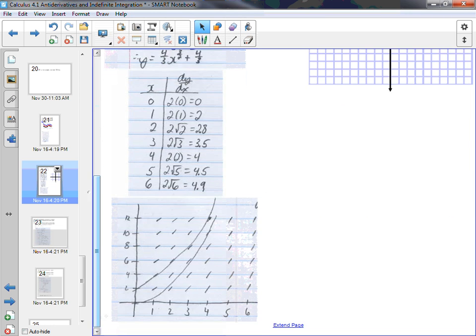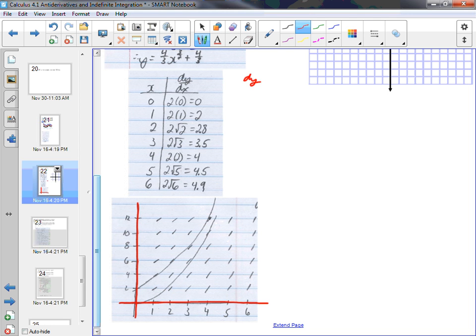So draw your little XY plane, and draw your little x, dy, dx chart. That way. All right, so let's start figuring out some slopes.